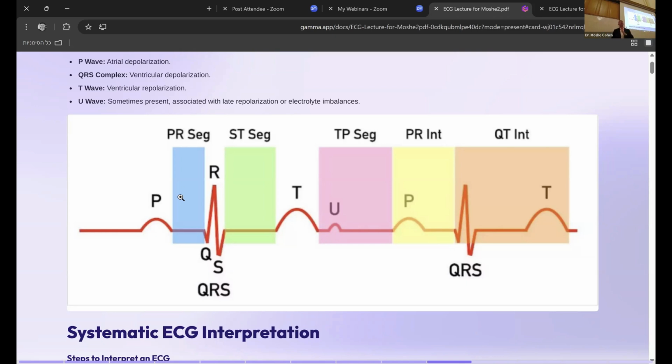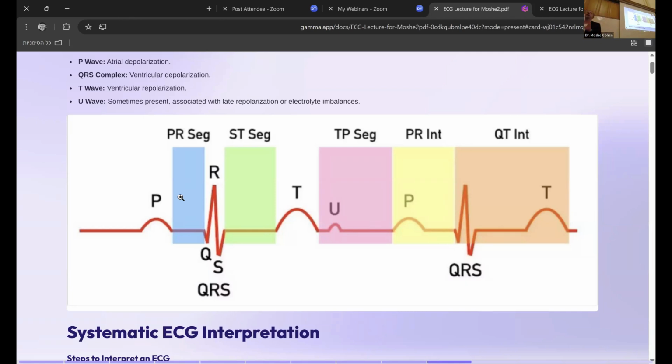Why do we have this time lag? Why is the electricity delayed a bit between the atria and the ventricles? Why do we have a delay between depolarization of the atria and depolarization of the ventricles? Good, because of the AV node, the atrioventricular node, is a bad conductor.